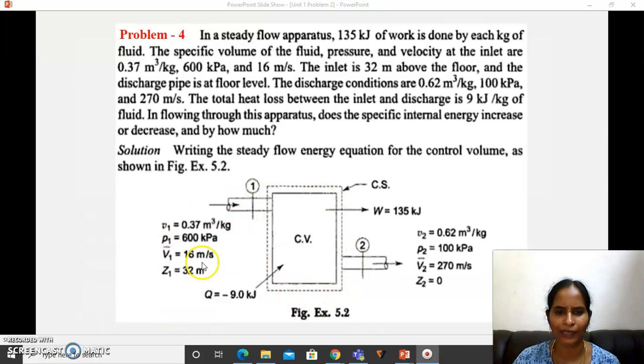Inlet values are written here, and exit values whatever they have given in the problem, and here Q equals minus 9 kilojoules. I told you, the 9 is heat loss between inlet and discharge, so heat loss is given the negative sign, or otherwise you can put an arrow mark coming from the system to the surroundings.